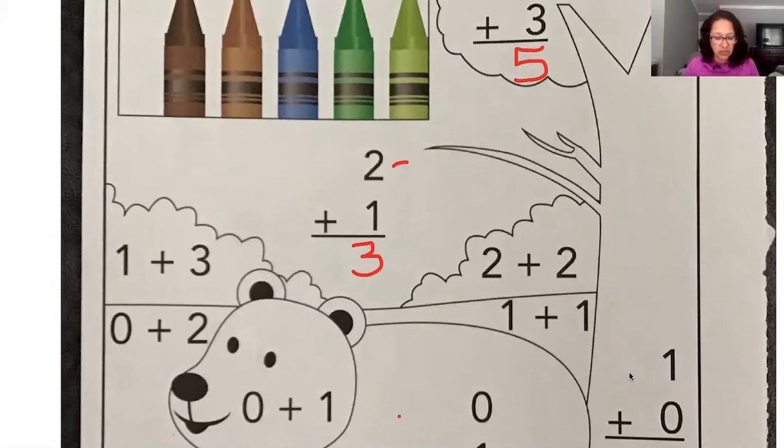Now let's go to the trees. You see the trees, the bushes? 2 and 2 more equal how many? 4. Very good. So we're going to put a 4 right here, equals 4.